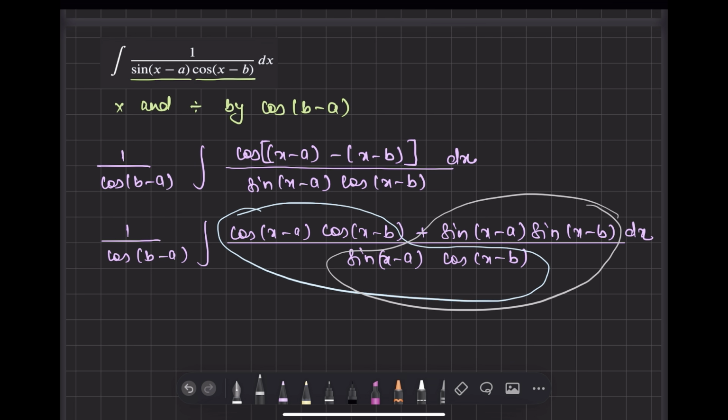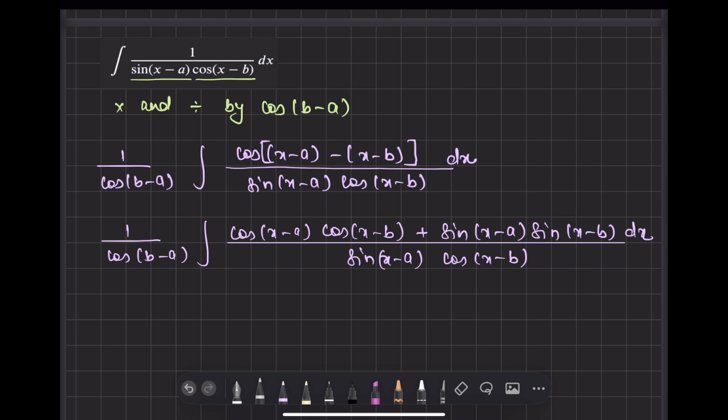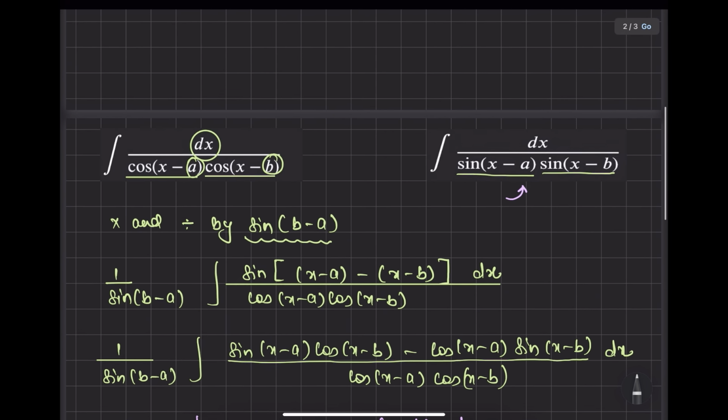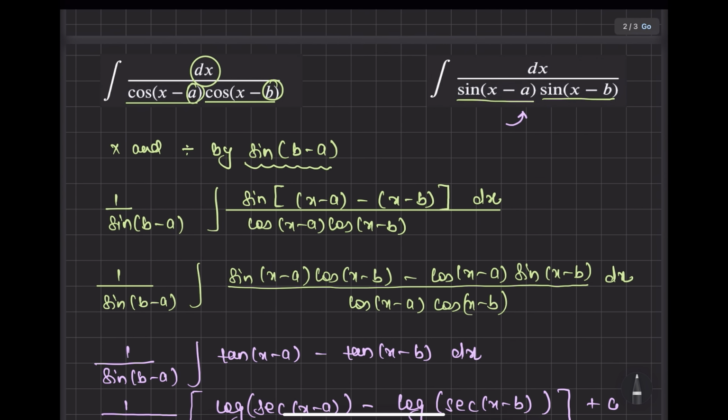You will be left with sin x minus b by cos x minus b. So it will become tan x minus b. I hope from here you can neutralize things, and from now onwards, if you observe these kinds of questions where in the denominator we have sin, cos, or sin cos, we can handle those situations gracefully. Okay.